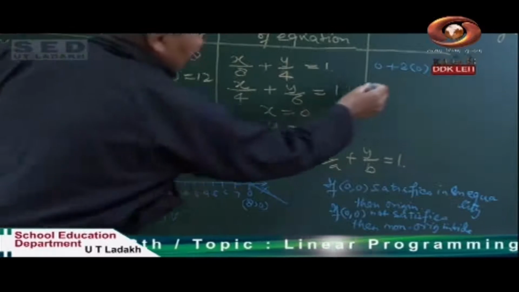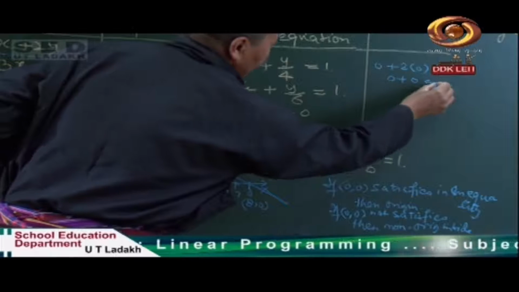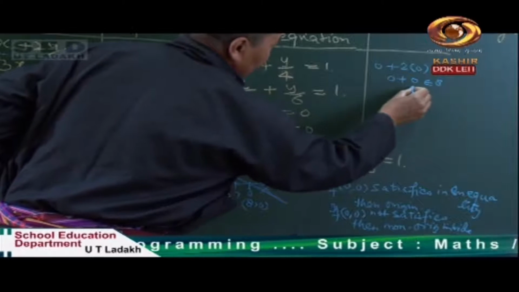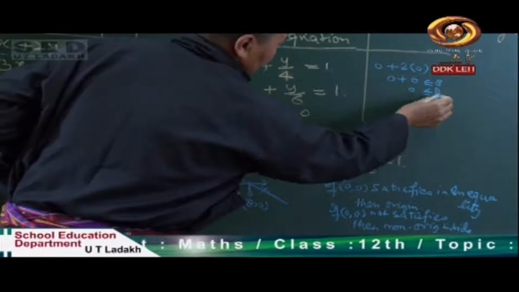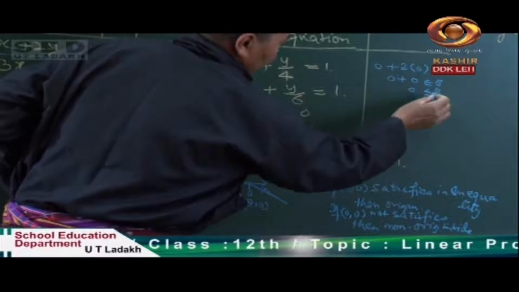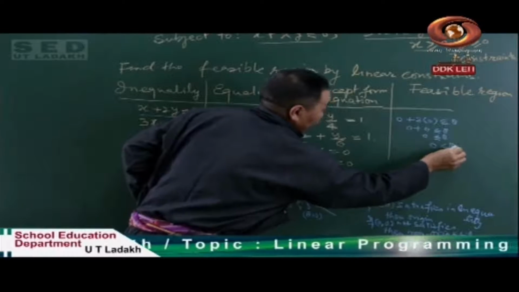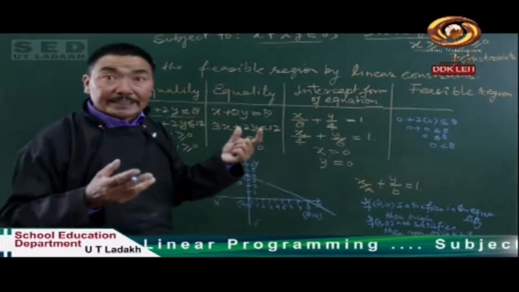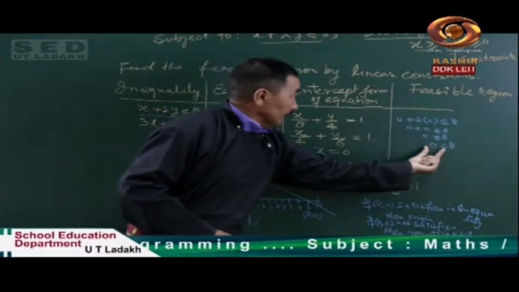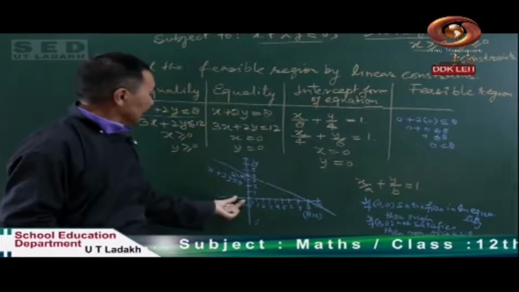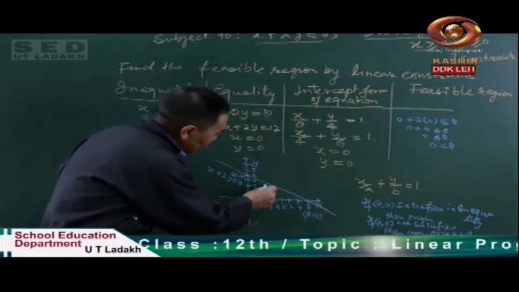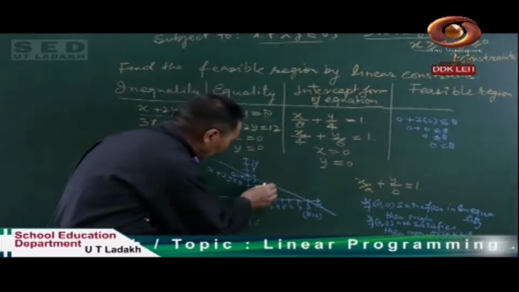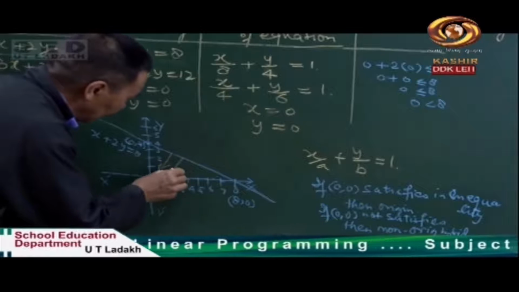That means 0 plus 0 less than or equal to 8. Then it becomes 0 less than 8. Students, 0 is less than 8. So this point satisfies this inequality, so we shade towards the origin. We shade this side.